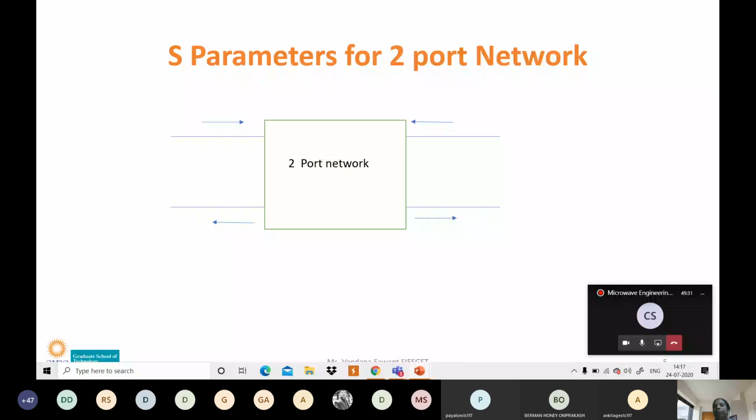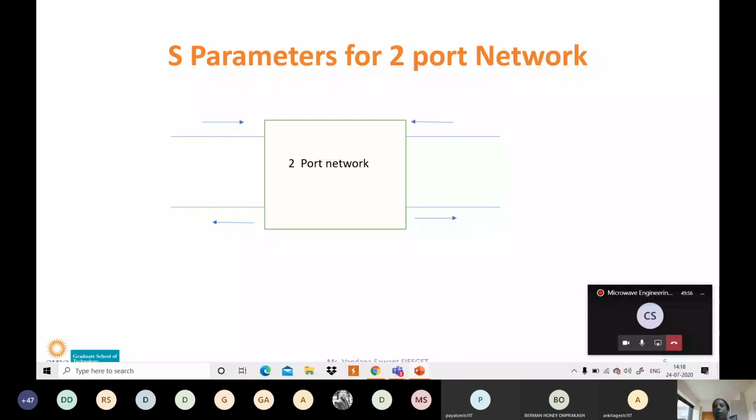Many times, because of mismatch of the impedance, some part of the signal will get reflected back from the junction point, and the remaining part of the signal will be accepted by the circuit and carried in the forward direction.